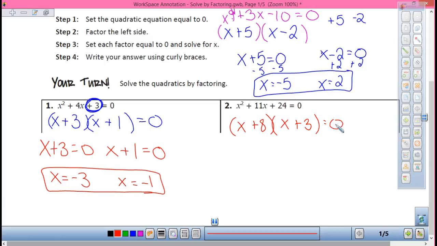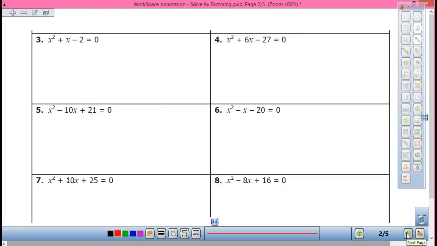Now what am I doing with those two equations? Set them equal to 0. So x plus 8 equals 0. X plus 3 equals 0. X equals negative 8. X equals negative 3. Easy peasy, right? If you remember how to factor. If you don't remember how to factor, not so easy peasy, right?